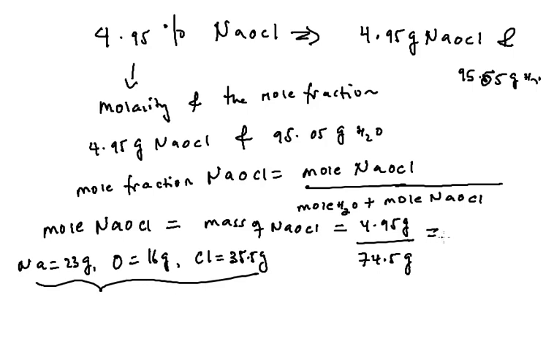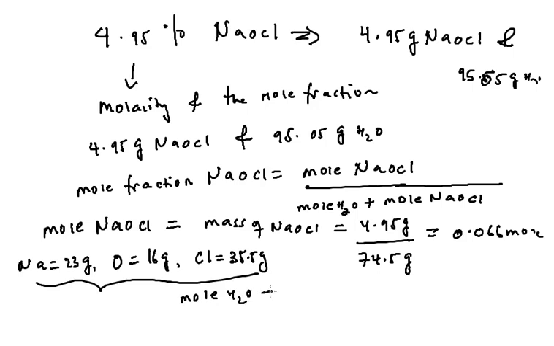Now we divide 4.95 grams by 74.5. If we divide 4.95 by 74.5, we get about 0.066 mole. The same way, we're going to calculate the moles of water.